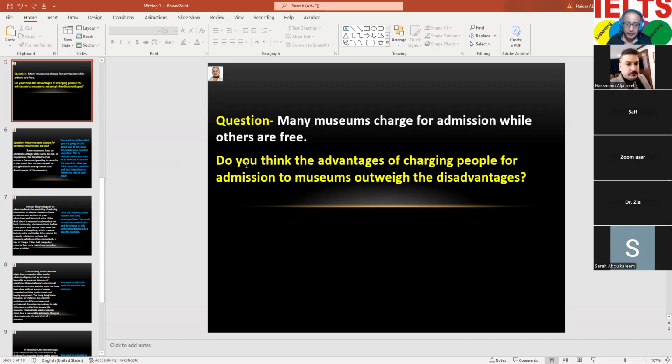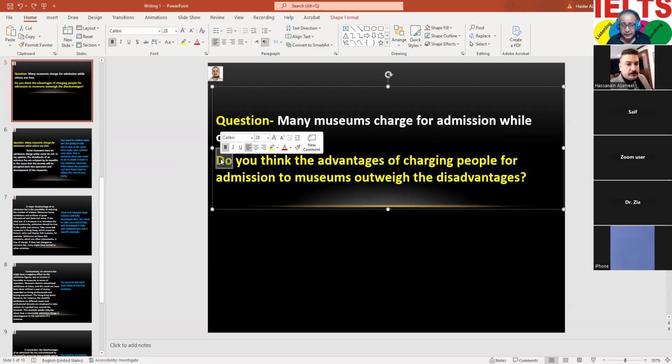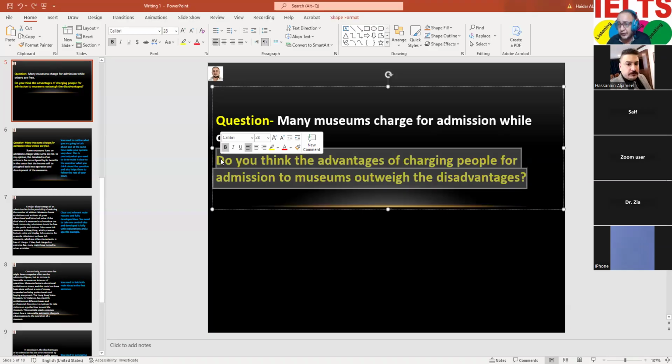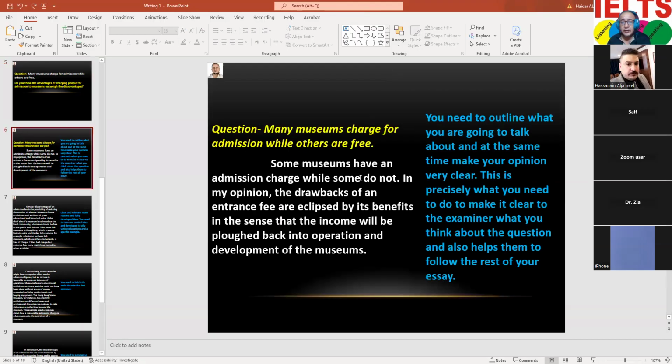Look, the question here asks you about something in general, and mostly it will ask about something in general. So we tend to use the present simple more than the other tenses. Clear? Yes, clear. Is there any way to use another type of tense, to make sure that we use different tenses?